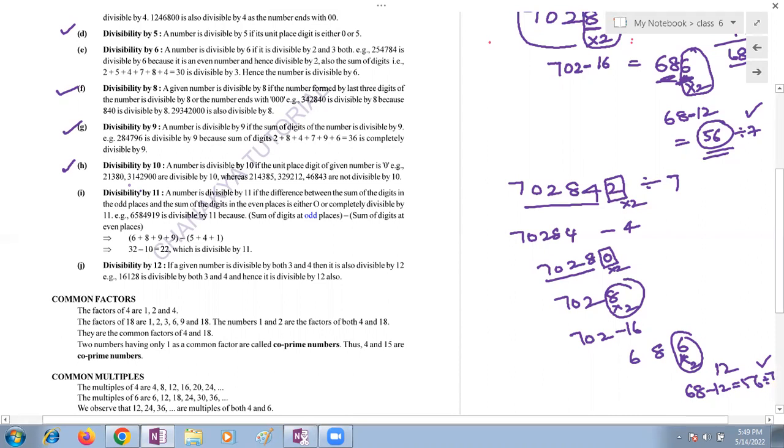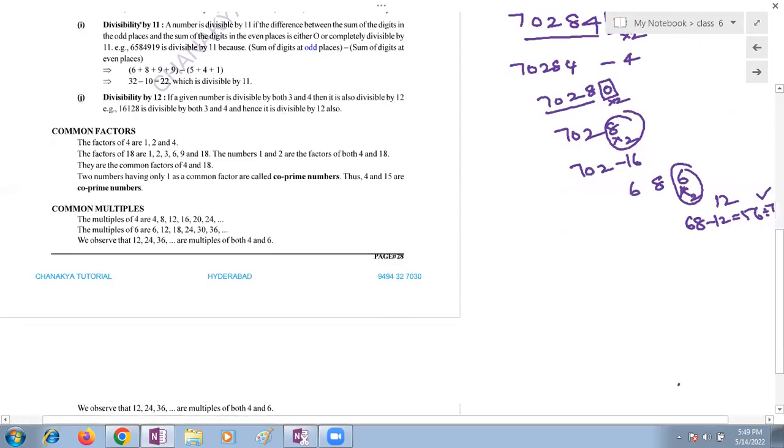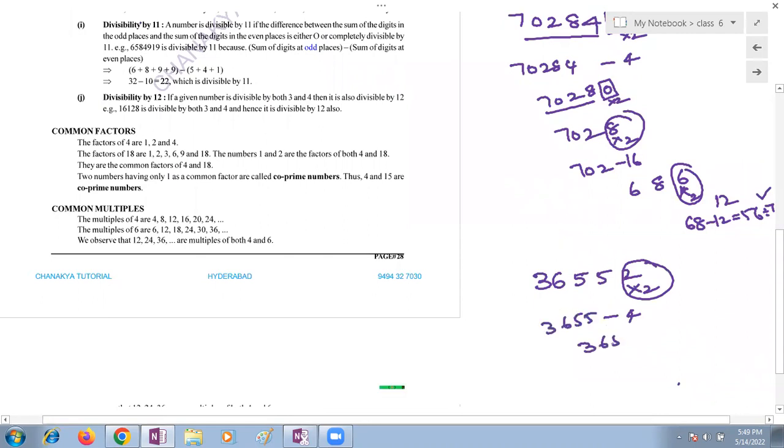Ma'am, even 36,552 is also divisible, ma'am. Please let me know. See, he is telling that you just simply twice the last digit. It becomes 4. Subtract from 3655. Ma'am, it's 3651.